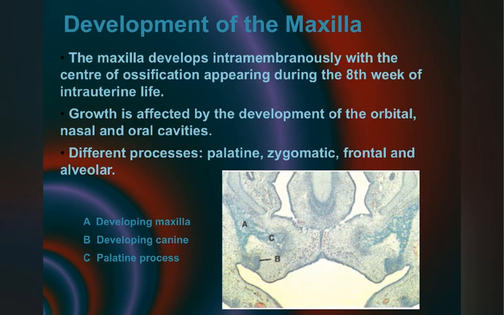So if the oral cavity is growing, the bone of the maxilla closer to the oral cavity will resorb, and the other side will make new bone formation to compensate.